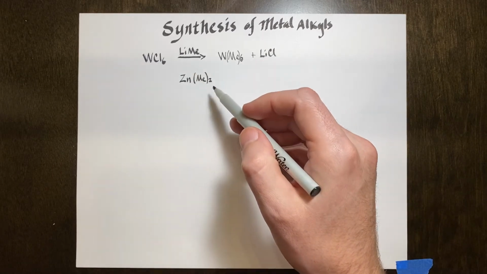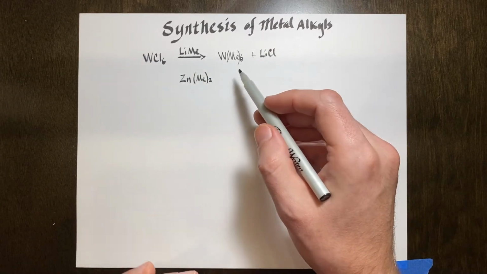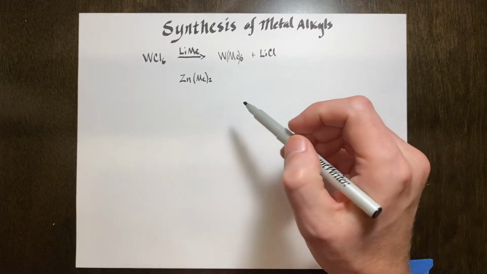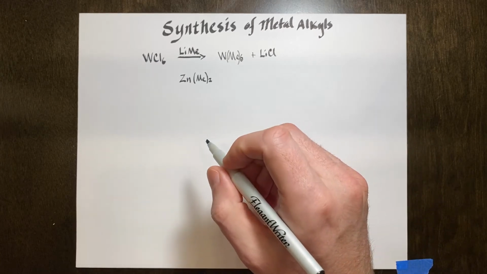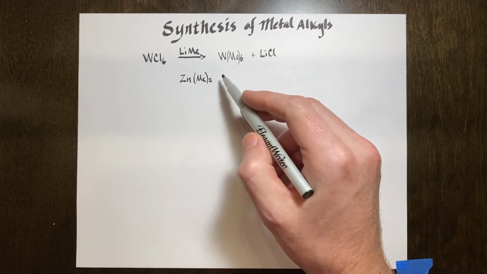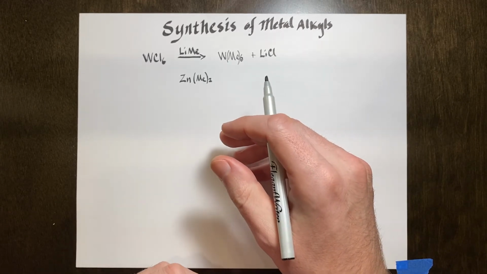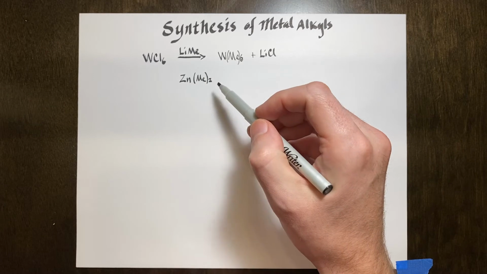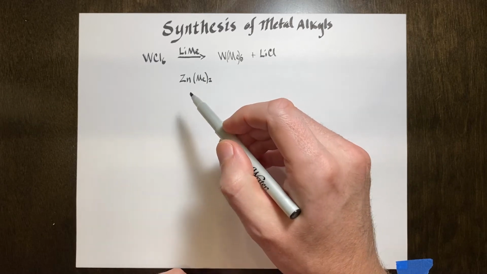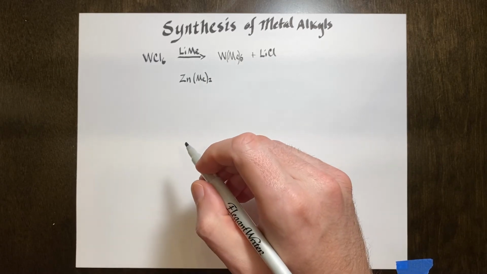Either one of these can sometimes be used to change out what is on the metal. So this is a nucleophilic attack. In order to do that, we'll have to have conditions that would allow for these reagents in there. So just keep that in mind.